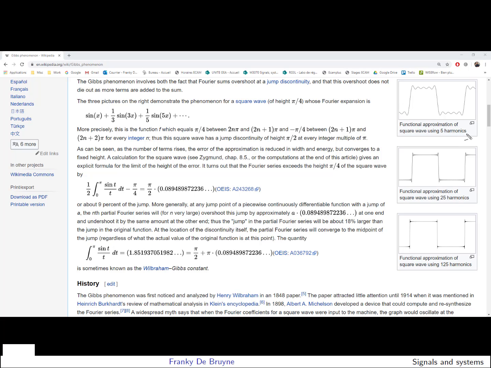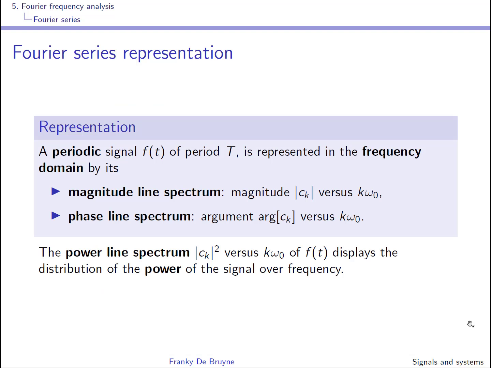So this is how the Fourier series looks after 5 harmonics. Here 25 and 125 harmonics, and this is this ringing effect, this Gibbs phenomenon, and it's due to the fact that you're approximating a function that is discontinuous by a sum of functions that are continuous.